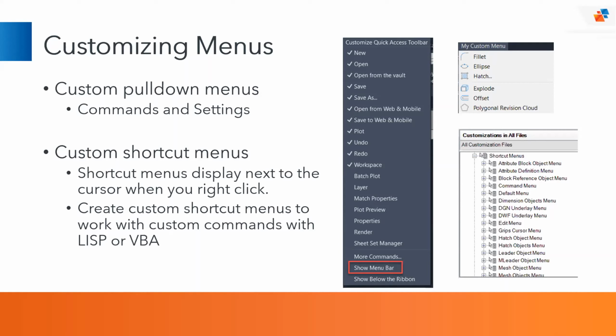Shortcut menus, you could do your own custom shortcut menus, including additional commands even. Those new commands could arrive from custom Lisp routines or VB applications. And you could provide specific shortcut menus for real custom applications too.